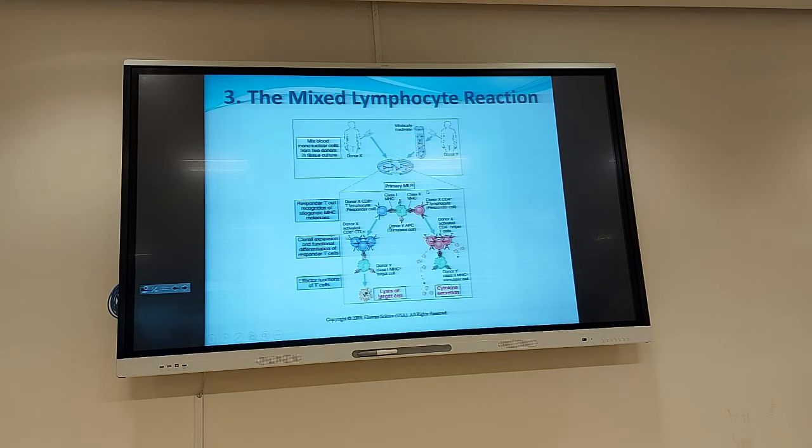And you can measure this proliferation by adding radioactive thymidine so that it gets incorporated into the DNA. And so just by measuring radioactivity in these cells, you can measure proliferation.